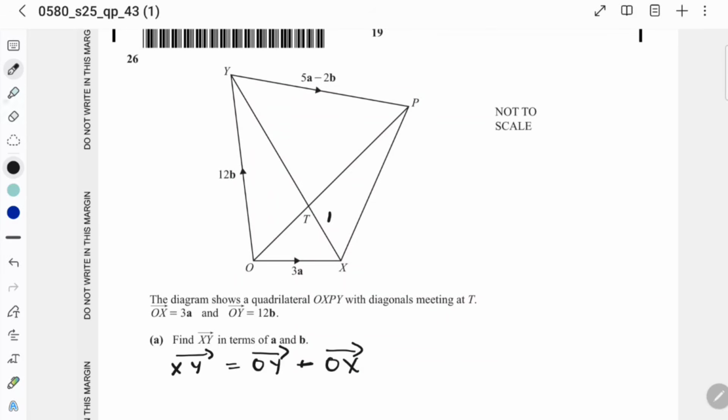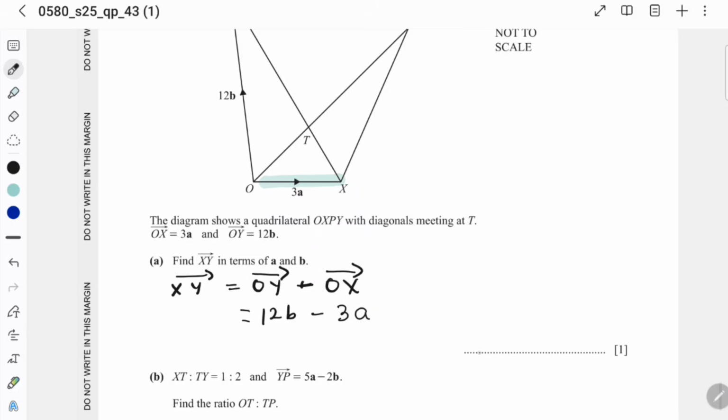Or XY equals XO plus OY. So OY, you can see in the diagram, is 12b, and XO is minus 3a because it's in the opposite direction, so 12b minus 3a.